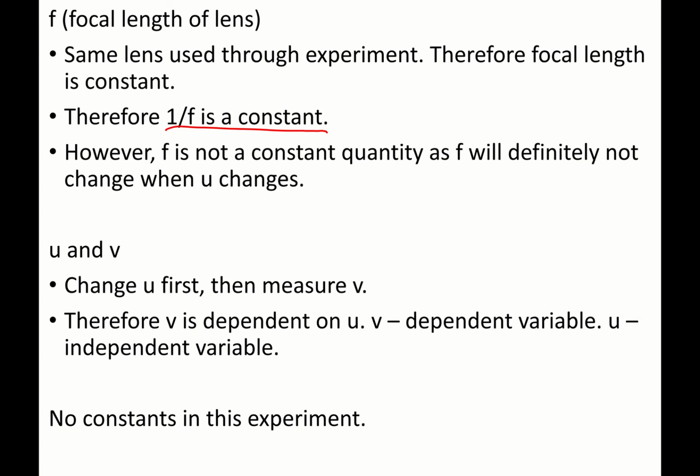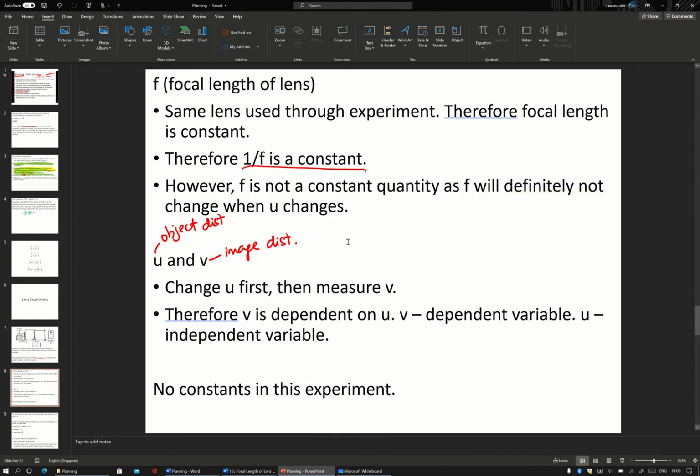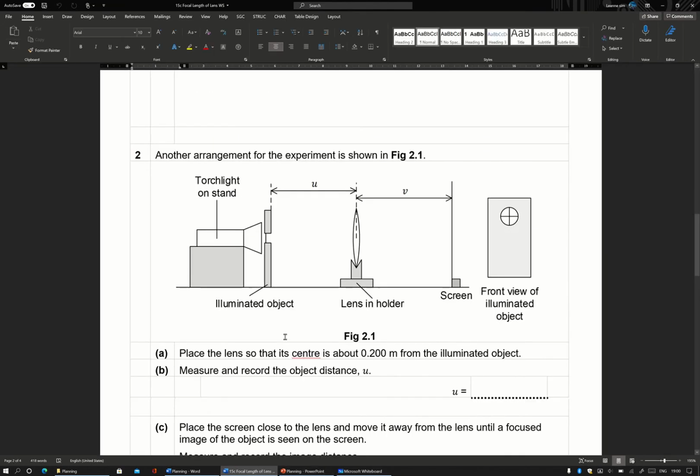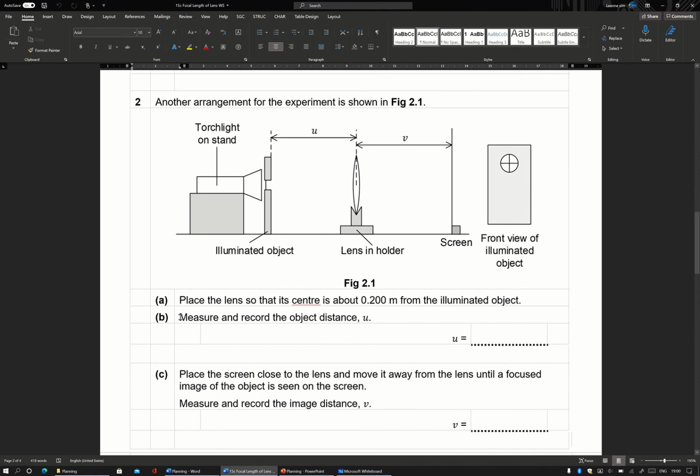So for the u and v, one is the object distance, and the other is the image distance. Now note, during the practical itself, you measure and record the object distance u first.